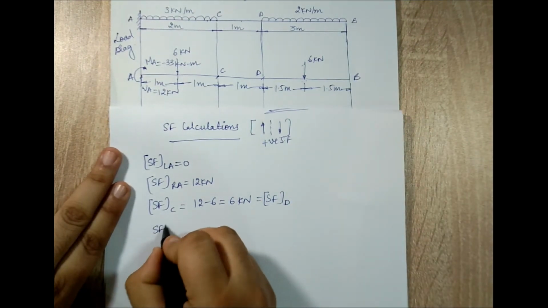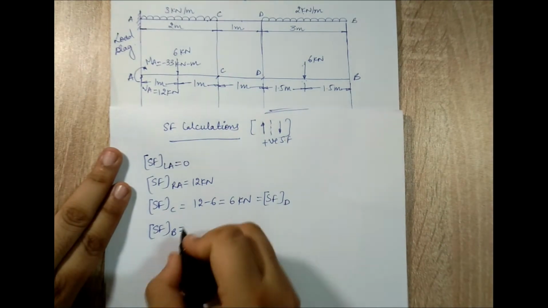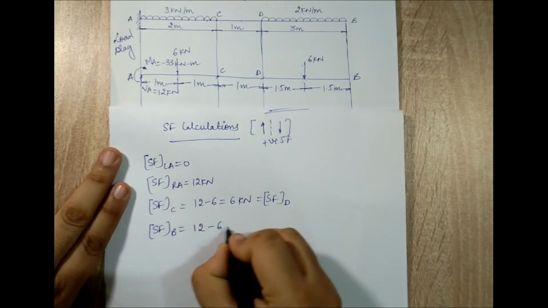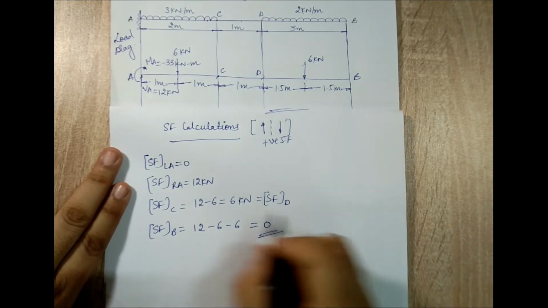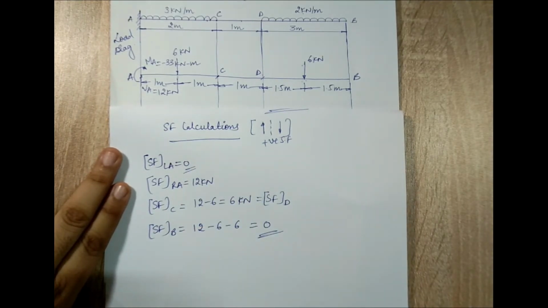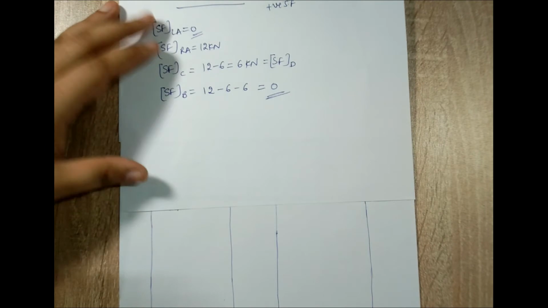So the shear force at B, which is again important because I should get the value as 0. I have VA going upwards, minus 6, minus 6, this is 0. So my value is ending at 0 and it is starting at 0, which means I'm going to get a closed graph. Now I'll start plotting them.